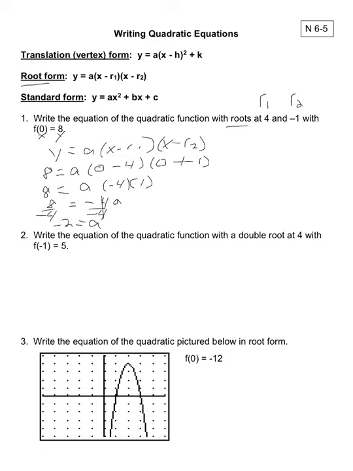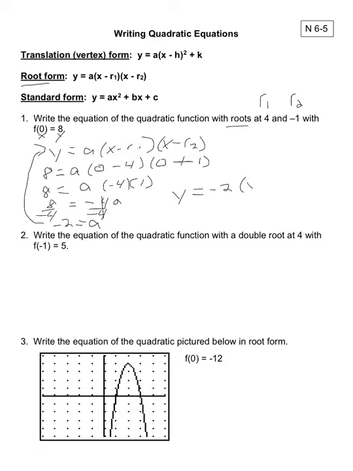Now I take that newfound knowledge, that a, and I plug it back into my original equation. I'm going to put my x's and my y's back in as x's and y's, not substituting numbers for them, and I'll have my equation. So in my original equation, y equals a, which is negative 2, since we solved for it.